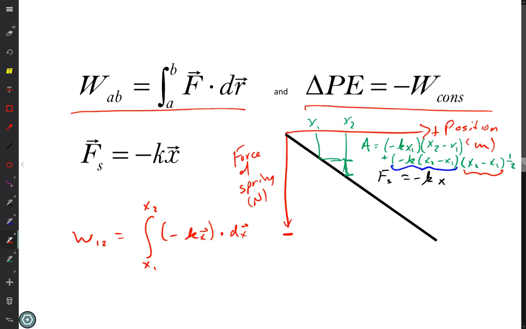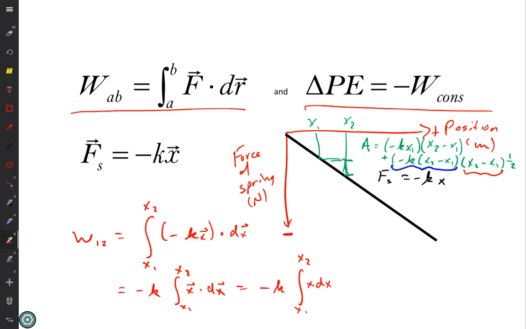So this is equal to, let's bring out the constants, minus k. So there I applied the dot product, which because they were the same direction, just dropped the vector signs in the dot.